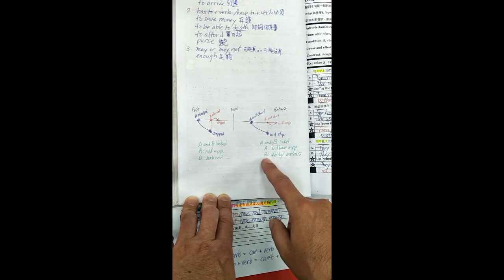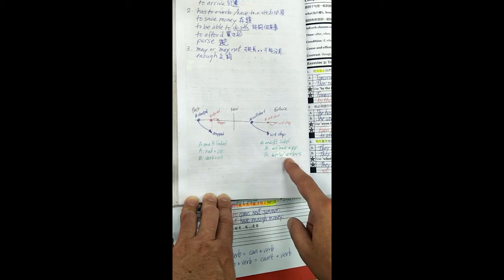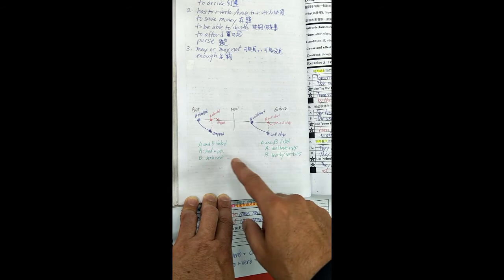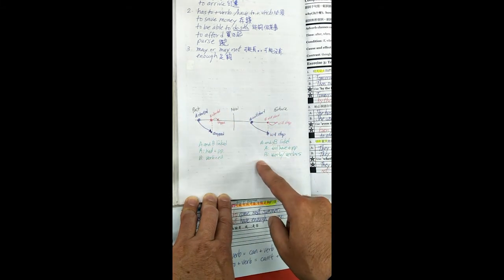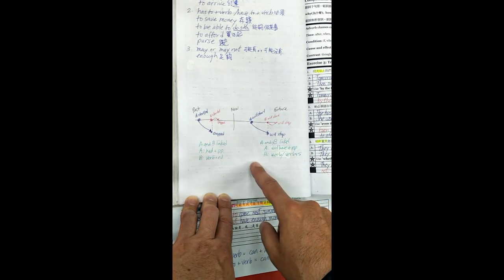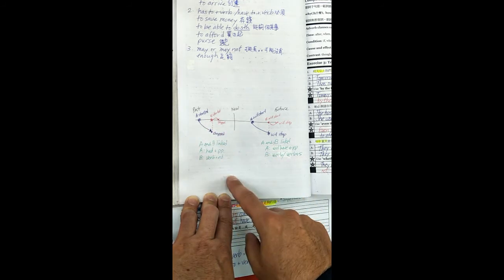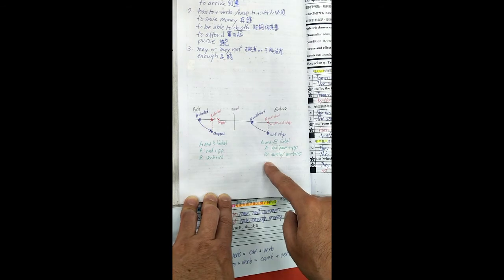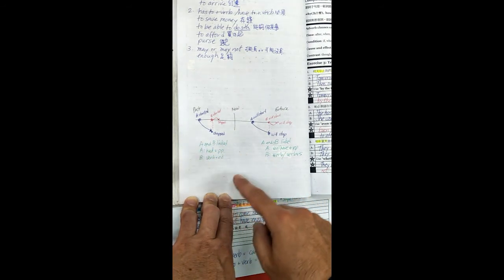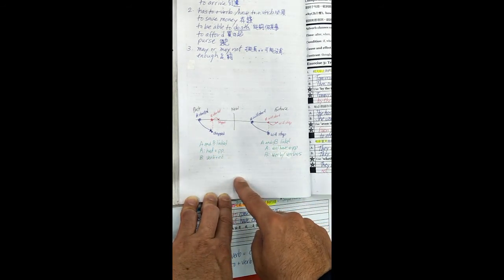But remember, B will be simple present, verb or verb plus S. I want you to draw this in your book, just like I did. Use green, use blue, use red. I want you to draw this. These are the past perfect and future perfect tenses.